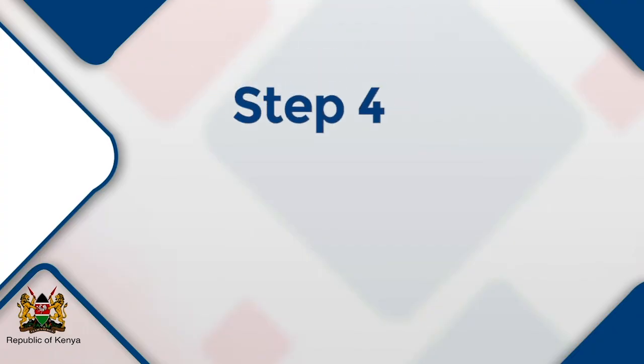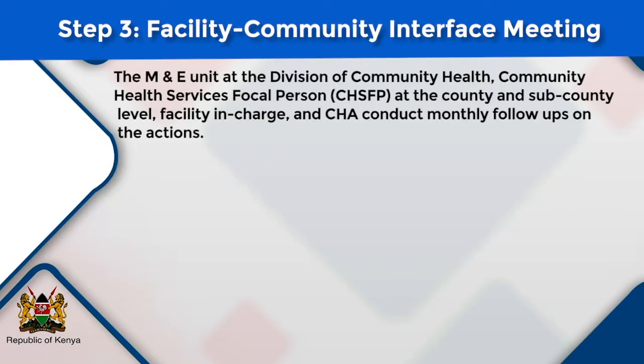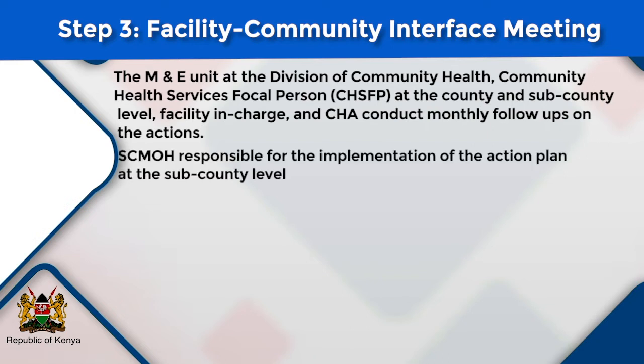Step 4. Taking action and monitoring. Community health services focal persons at the county and sub-county level, facility in charge, and community health assistant conduct monthly follow-up on the actions. SCMOH is responsible for implementation of the action plan at the sub-county level.